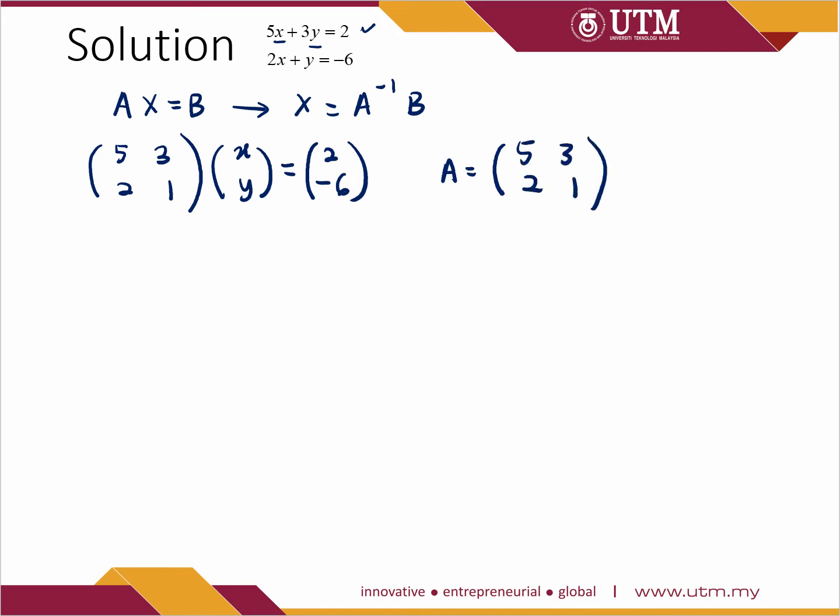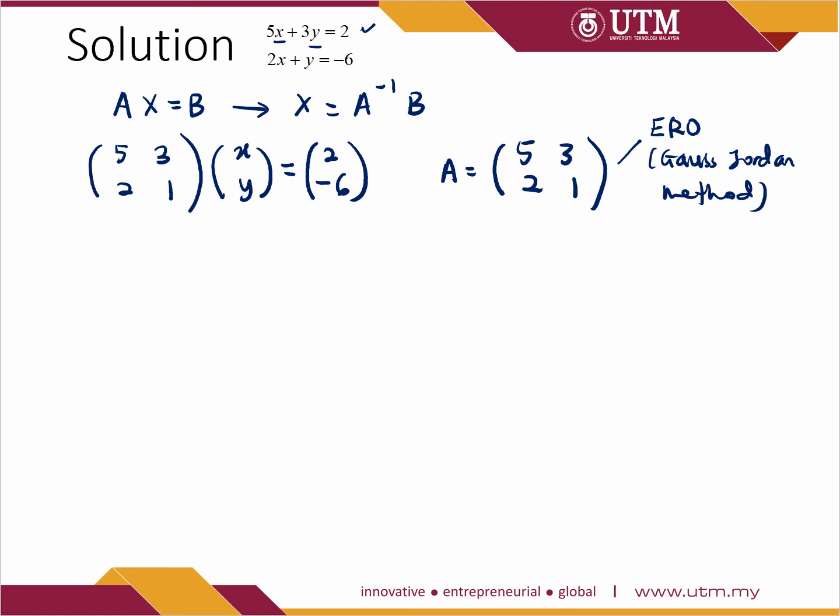I'm going to show you using the elementary row operations, or the Gauss-Jordan method, and you can try to solve using the adjoint method and compare with the solution I get from this ERO method.